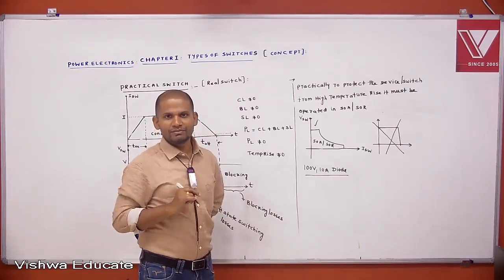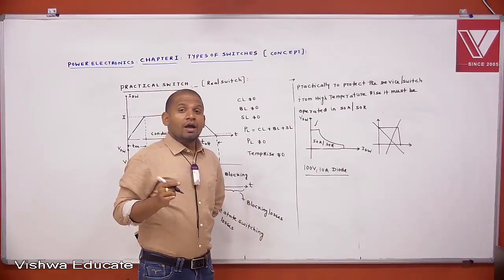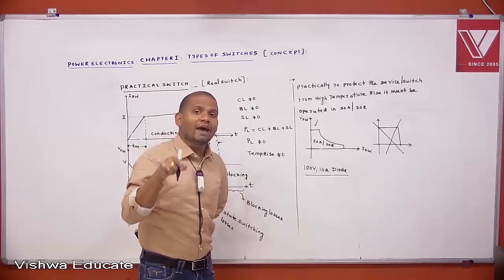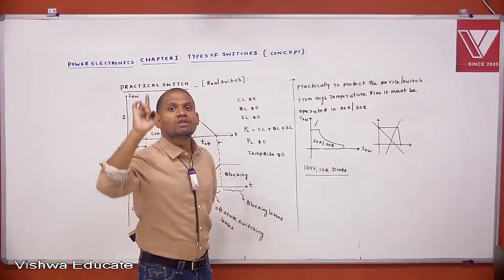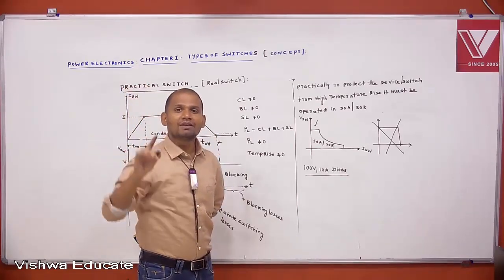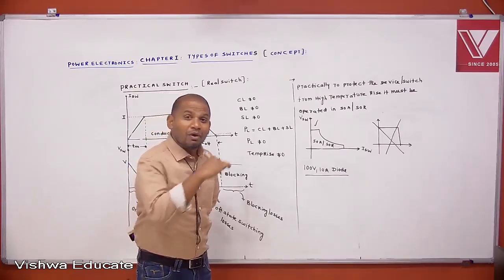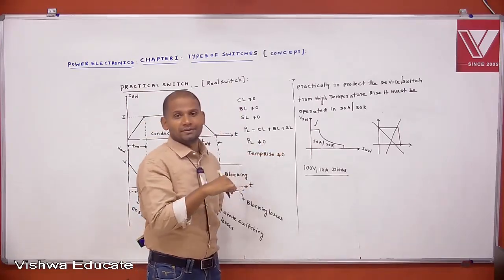That is not the meaning. If the voltage across the diode is 100 volts and current is 10 ampere, then what is the power loss? 1000 watts, high temperature rise, the diode may be permanently damaged. That is meaningless. Then what is the meaning of 100 volts 10 ampere?